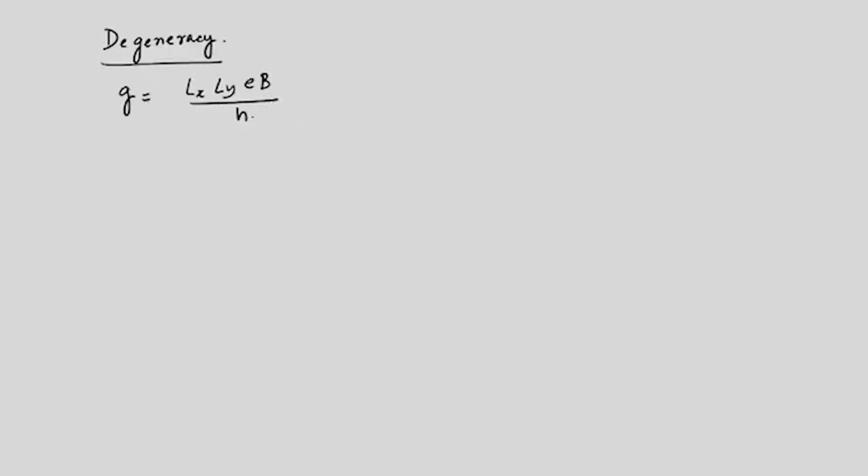contains a very large number of states, and this counts the number of states that each of the Landau levels comprises of. Okay. So, you remember there's phi 0, which is called the flux quantum, is nothing but h over e. So, I can move this e down and write it as Lx Ly into B divided by h over e.